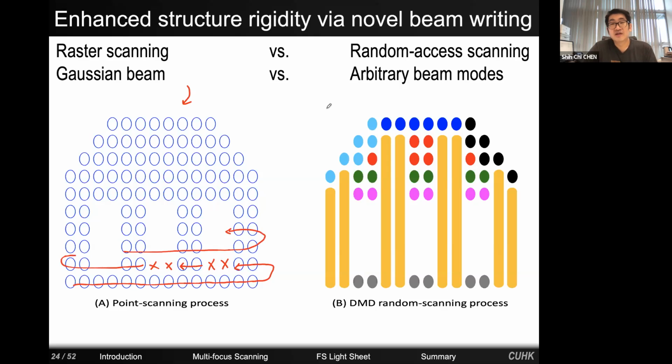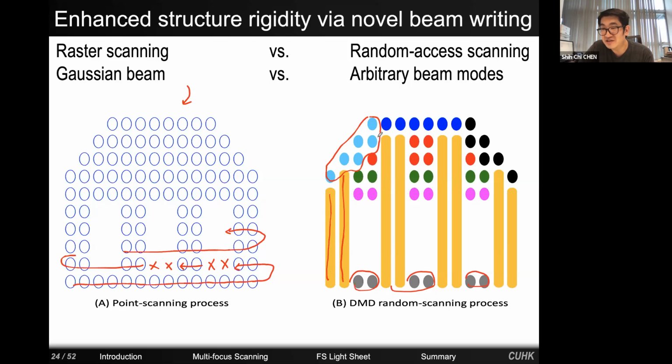Okay. And using the DMD beam shaper, what we can do is generate multiple points. Each color here represents a single exposure. So we lay down the foundation; this is the first exposure. And in the second exposure, we can create these pillars, but we don't really need to scan because we can convert the focus into a Bessel beam. A Bessel beam has a column geometry as shown here.